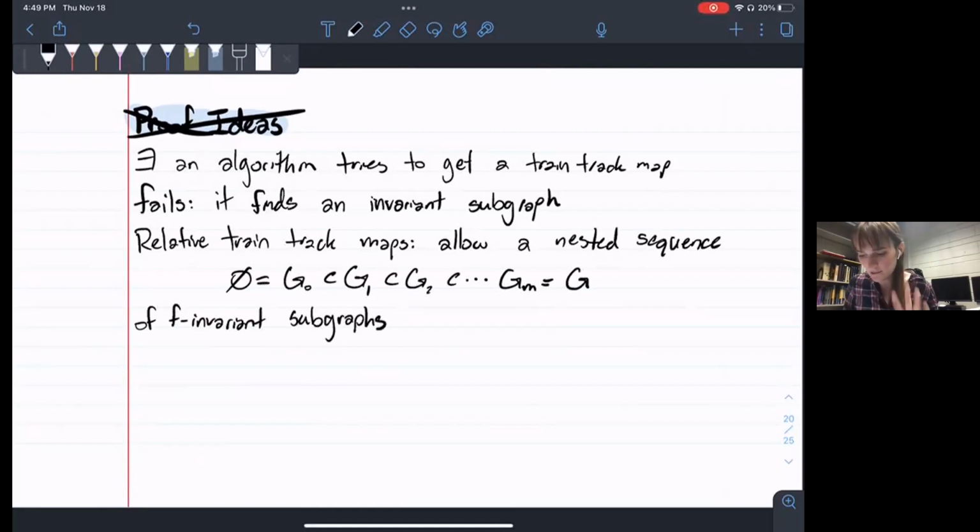I'm going to be a little bit cagey about whether I'm talking about graphs or graphs of groups. If you'd like to just think that I'm talking about graphs, that's fine. The definition makes perfect sense for graphs of groups as well. These invariant subgraphs, they don't have to be connected.